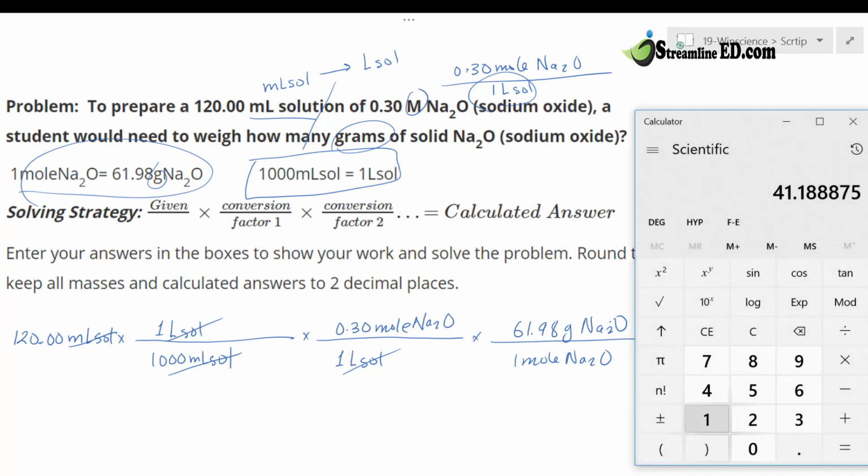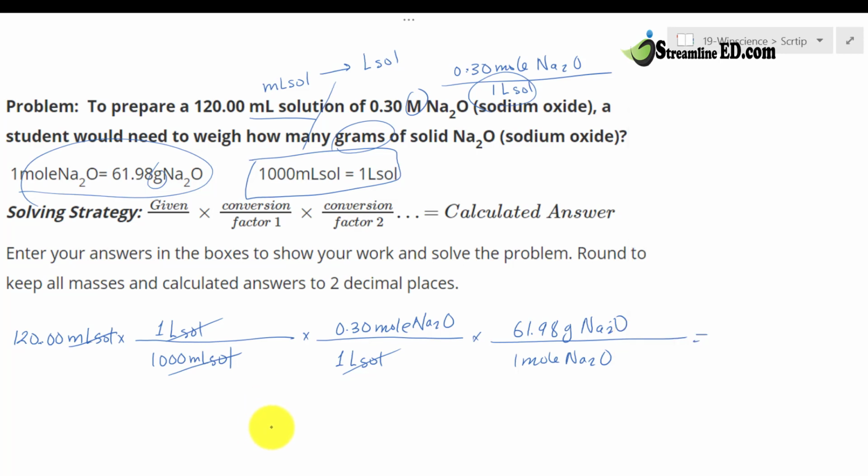So we have 120 times 0.30 times 61.98, and divide everything on the bottom, which in this case we only have 1,000. And that turned out to be 2.231, so we need 2.23 grams of sodium oxide added to the volume of water, in this case 120 milliliters of H2O.